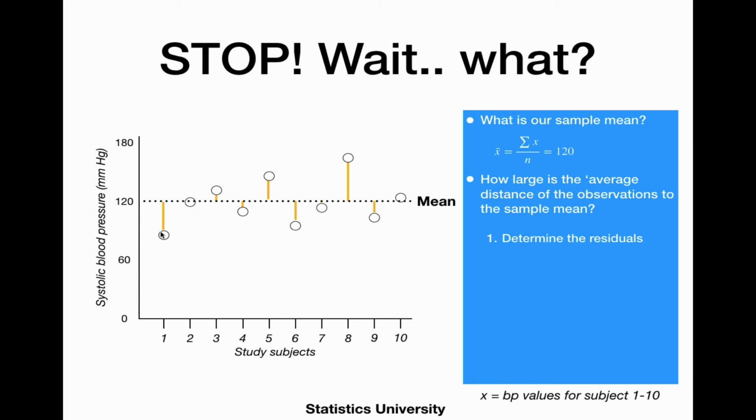So this patient has a lower value than the sample mean. This one is close to the mean, this one is a little higher, a little lower, and so on. So what we can say mathematically is that the residual is x, the value of the individual, minus x bar, which is the mean.